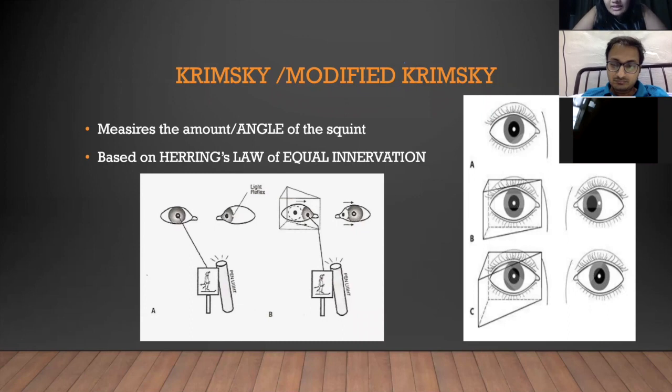Now, sometimes one form of the sensory adaptation to this kind of anomaly is that this abnormal point becomes a corresponding point, and that is called abnormal retinal correspondence.